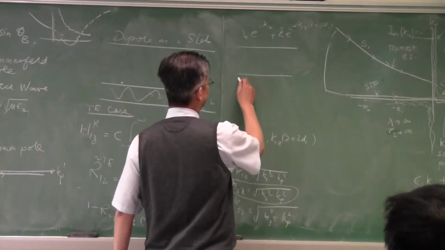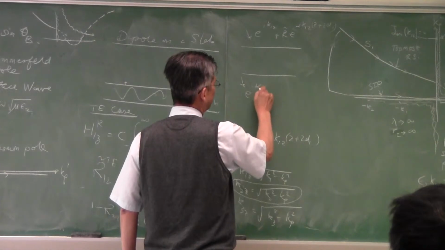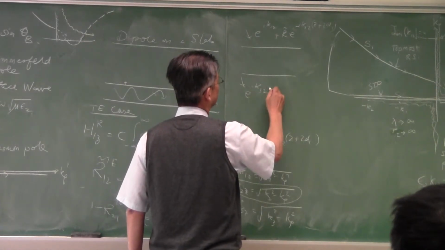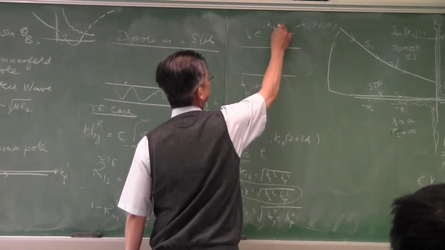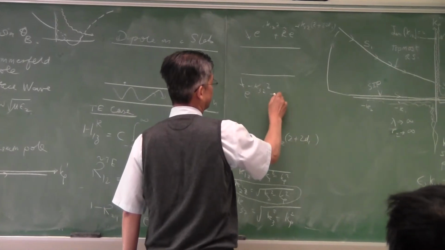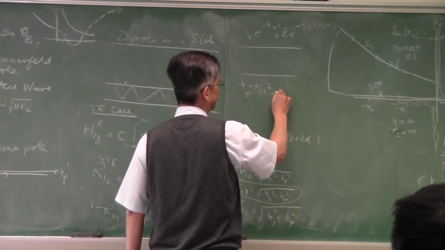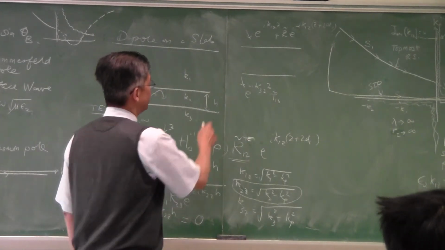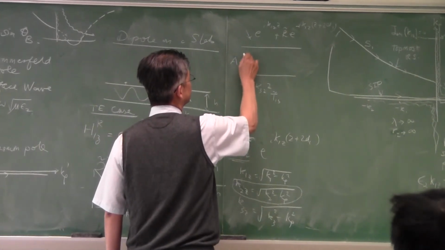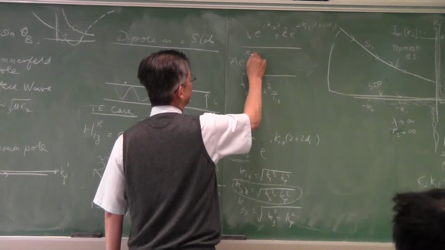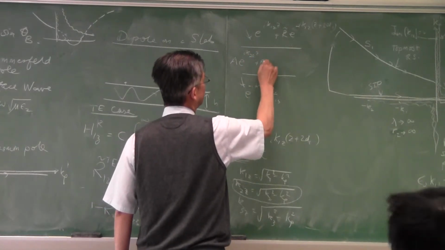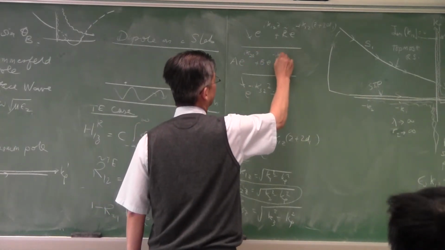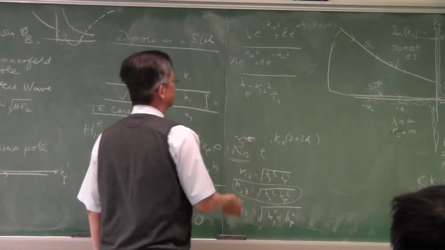Student 1 will also write down the solution in region 3 as something like this, with some transmission coefficient, some unknown amplitude. And then he will write down the solution in region 2, A e to the ik2z z plus B e to the minus ik2z z.